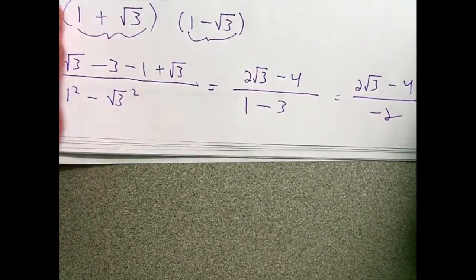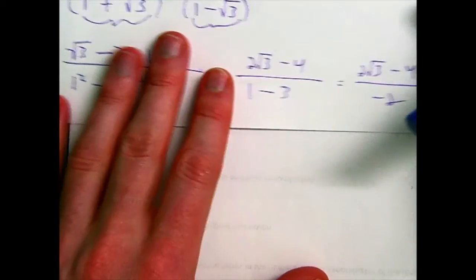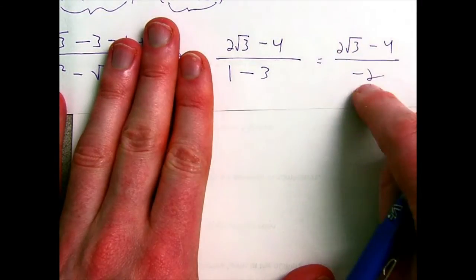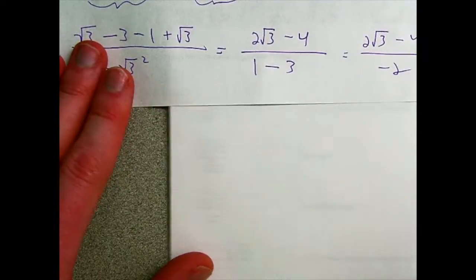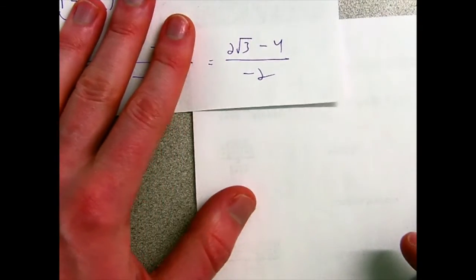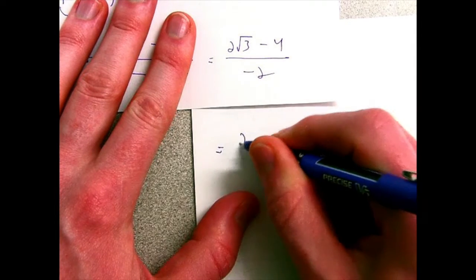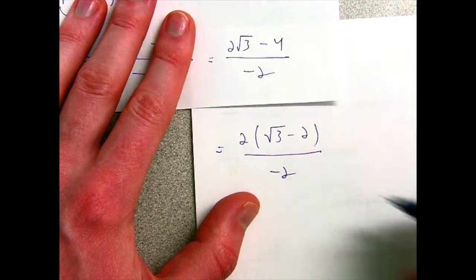It's looking pretty good, but actually we can go even further because this negative 2 can cancel into these two terms here. If you like, you can factor out a factor of 2 from the numerator. So this last expression will be 2 quantity root 3 minus 2 over negative 2.